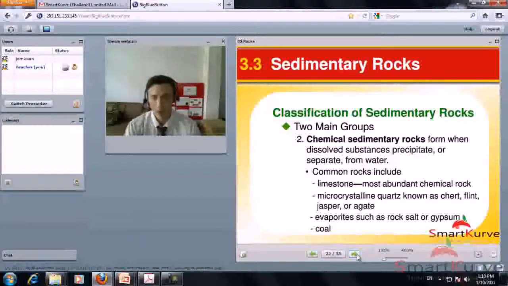We also have microcrystalline quartz, known as flint, jasper, or agate, and then evaporites such as rock salt or gypsum, and then coal. All of these sedimentary rocks are precipitates, rocks that have separated from water.